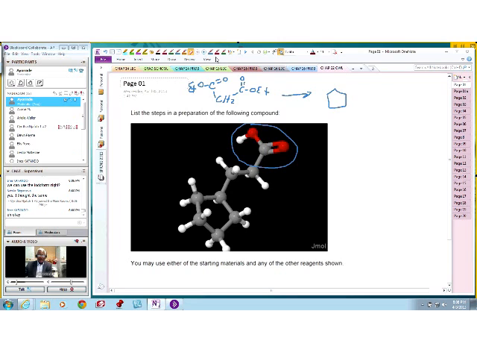Okay, so we have CH2, and then we have this. Okay, so we need to go from here to here, and to do that, let us see what we do.